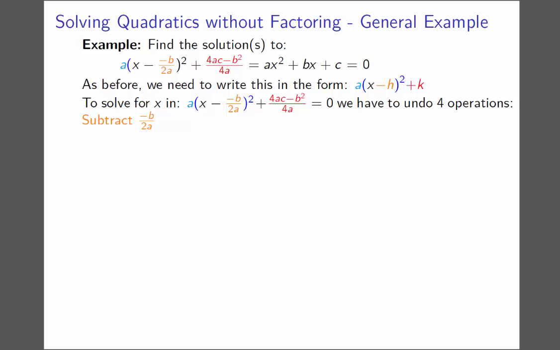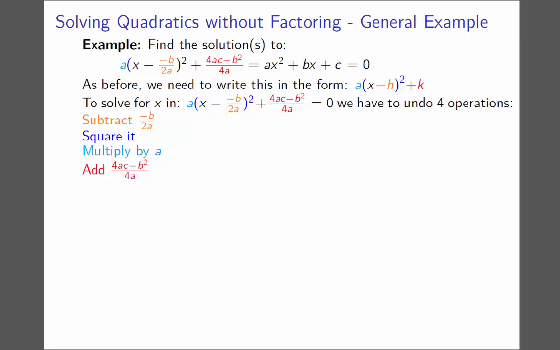The first thing we do to x is subtract negative b over 2a. The next thing we do is square it. After that we multiply by a. And finally we add the number 4ac minus b squared all over 4a. As we have done when we knew the numbers a, b, and c, we want to undo these in the opposite order.